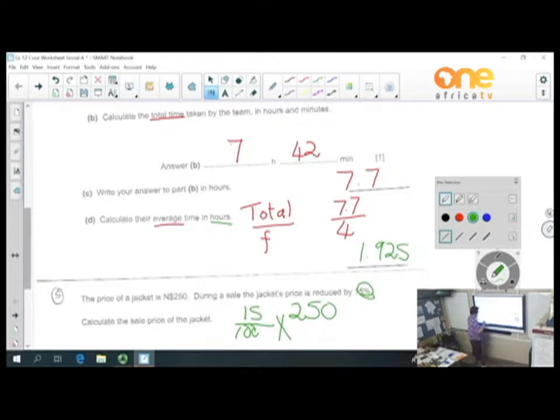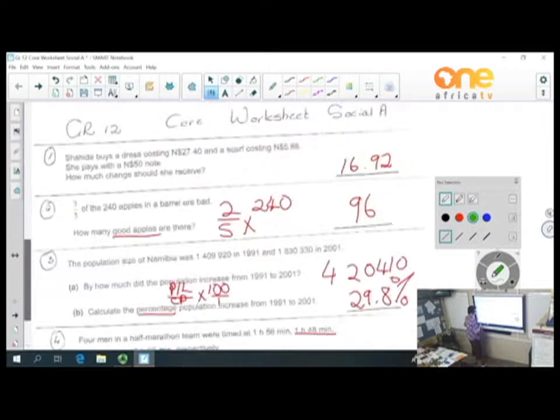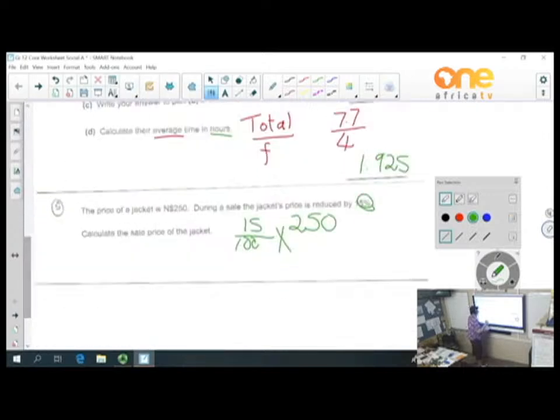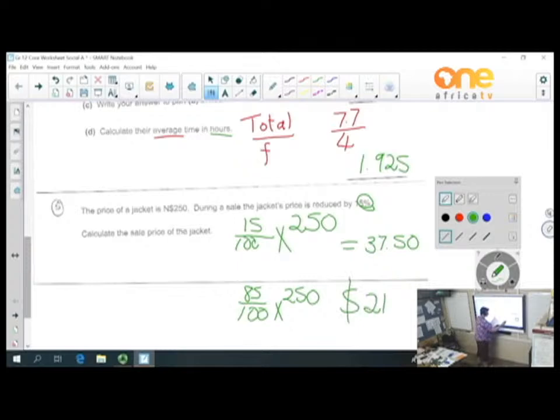Or you can first subtract it from 100% and then calculate the price automatically. So we can also say 85% of 250, and then you'll also get it. I get here that the reduction is $37.50, and then if I subtract the 2, my final answer is $212.50.